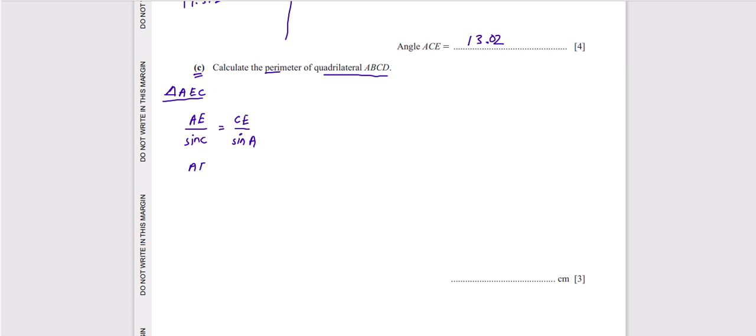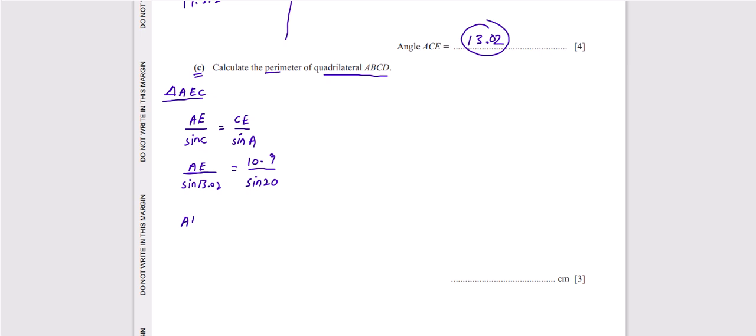So AE divided by sine angle C is equal to CE, which is 10.9. The angle C we use this one, here, and sine A is 20.